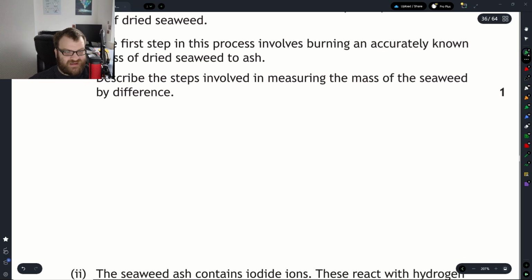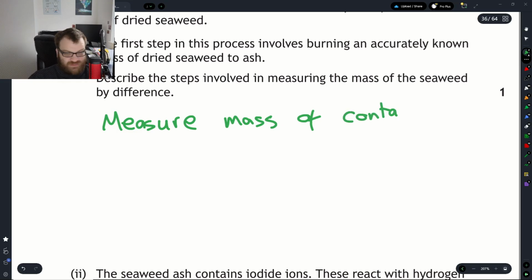Moving on, we're asked about the technique of measuring the mass by difference. First, you need to measure the mass of the container you're measuring it in. Then measure the mass of container plus your seaweed.